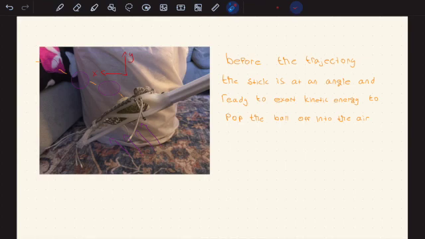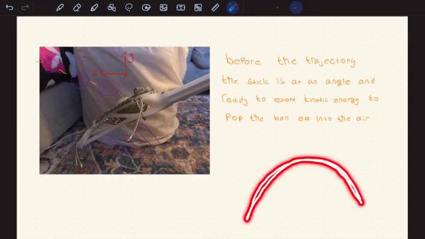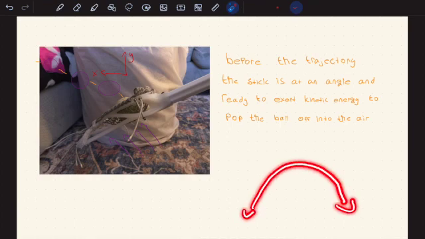Here we exert force, and this would make the ball go in the air, so it performs this motion in the air, projectile motion.